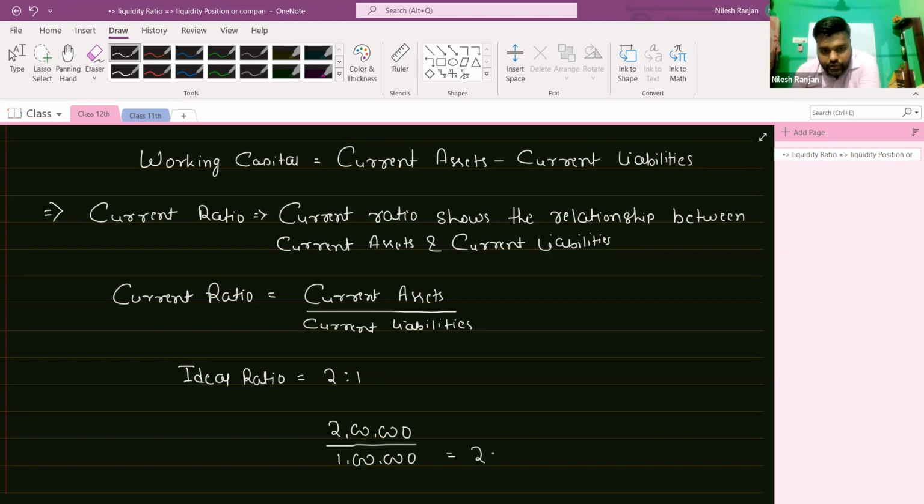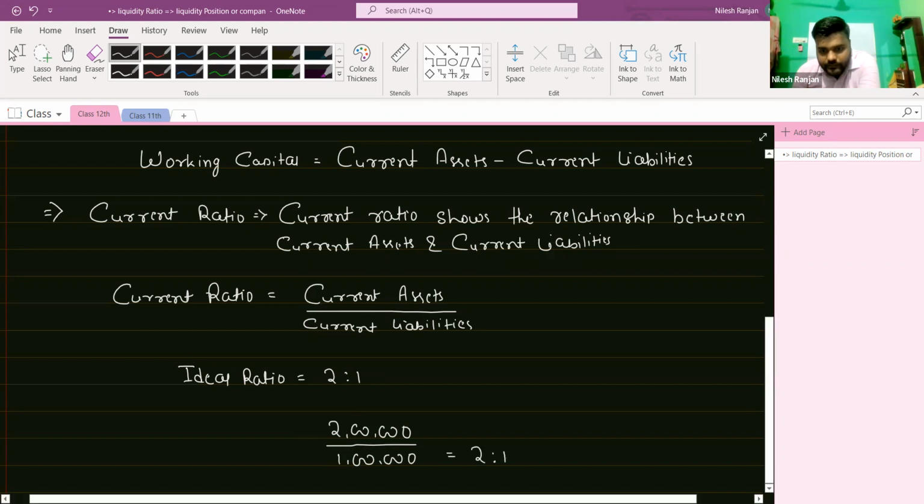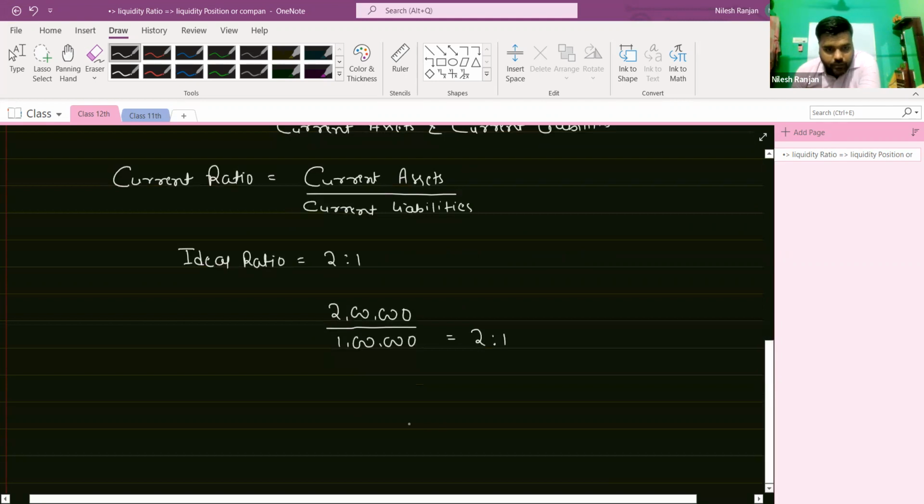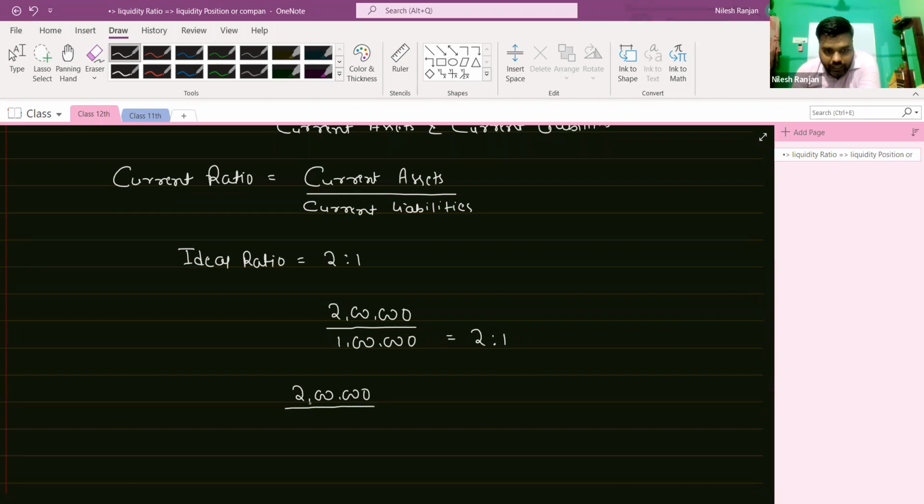So the ratio is 2 is to 1. But if we have current assets of 2 lakh and current liabilities of also 2 lakh, what will be the ratio? Can you tell me? 1:1. Yes, sir. So it is not good for us that our current assets are equal to current liabilities.